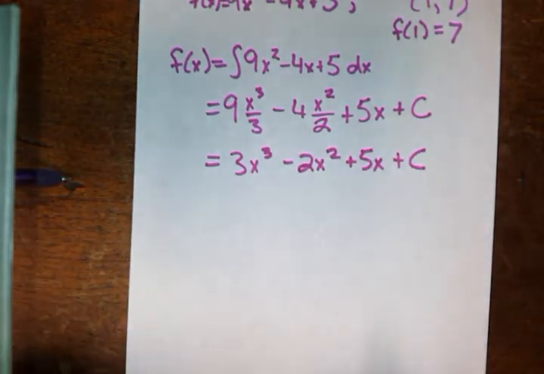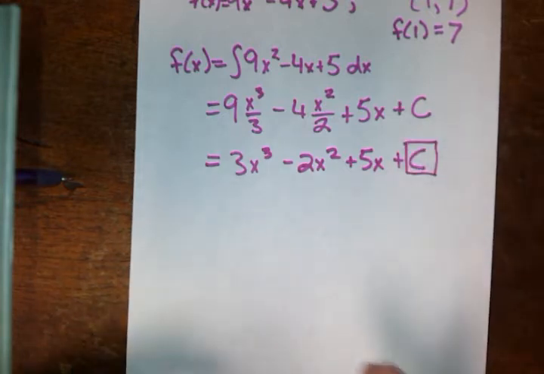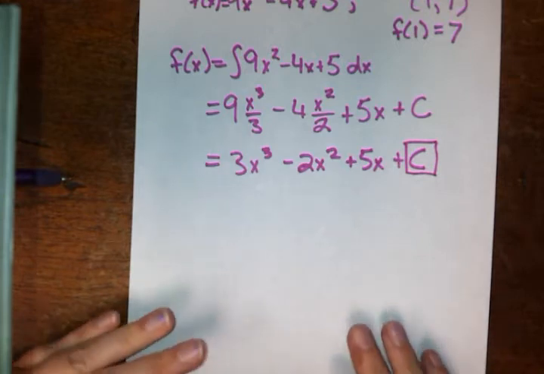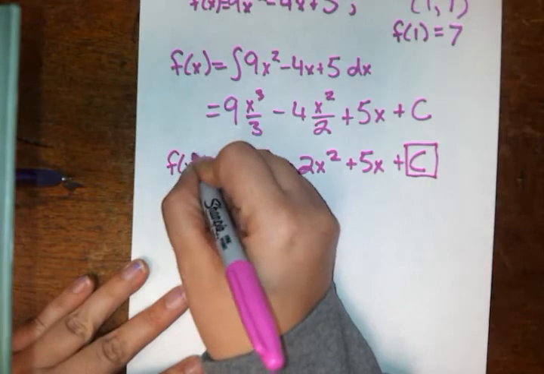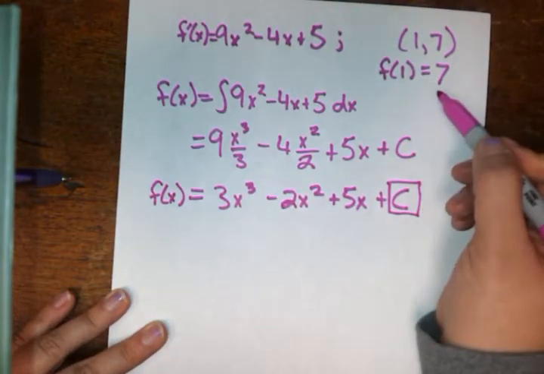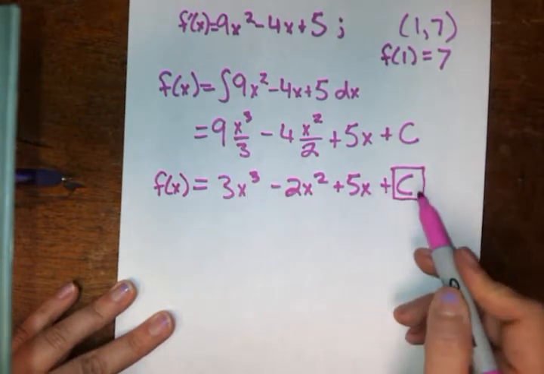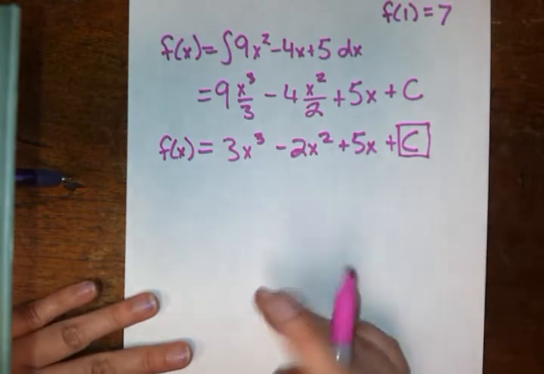We've got it. We have almost everything we need. The only thing we're missing is what on earth is this c? Well, if you remember from question 6, all we need to do to solve for c, since we have f of x here, is figure out what f of 1 is. They're telling us f of 1 equals 7, so let's just plug a 1 in for everything, set it equal to 7, and see if we can figure out what c is.